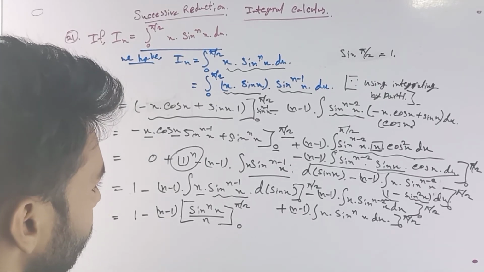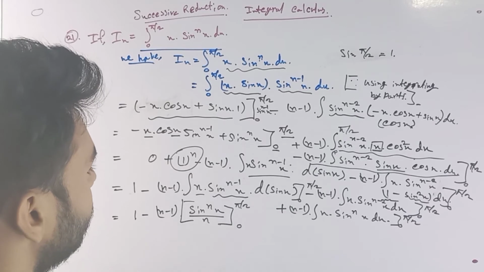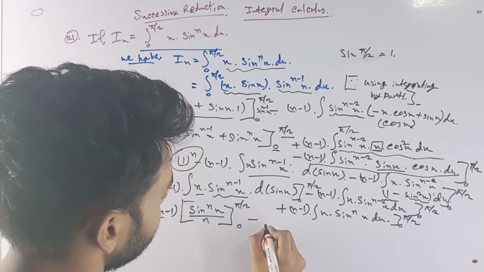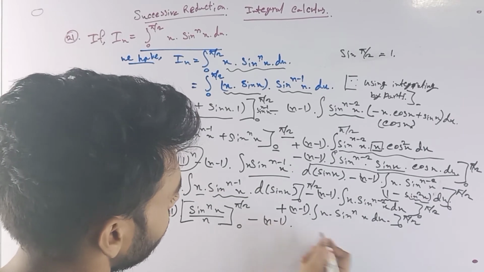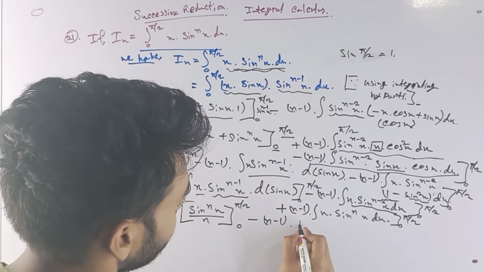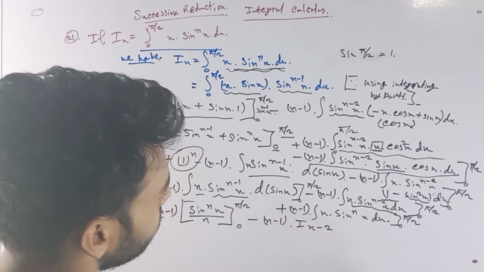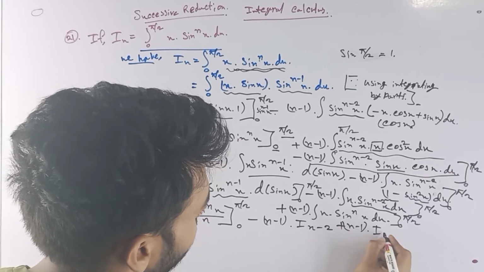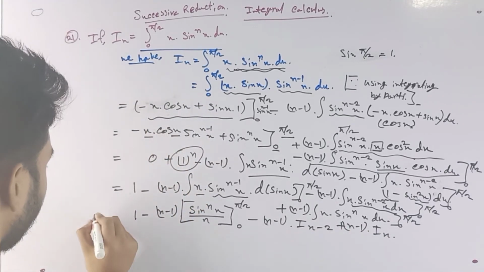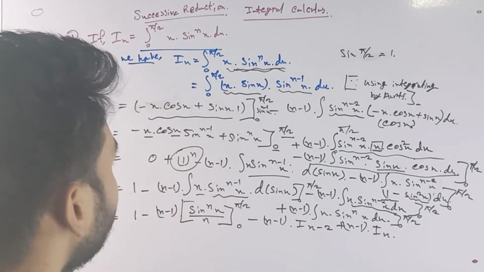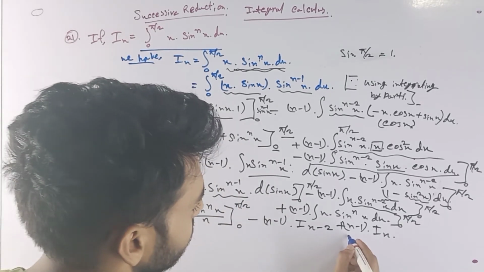also we can write it here from the past function, and the minus of this function, so n minus 1 times this function again coming, so I of n minus 2, this is the sin to the power n minus 2 of x, and the other is plus n minus 1 of I of n, and also the question is I of n.